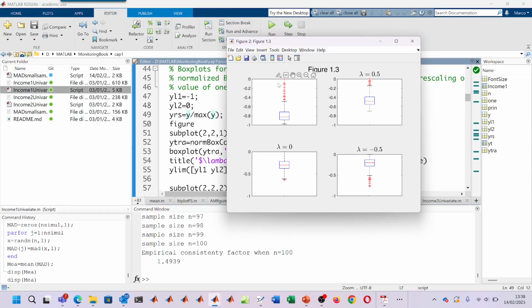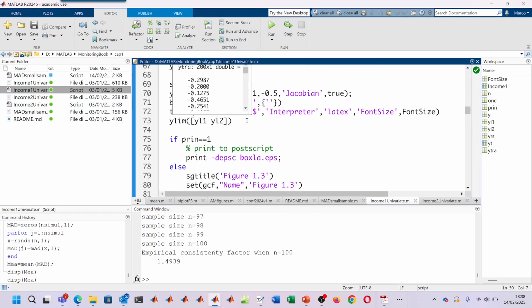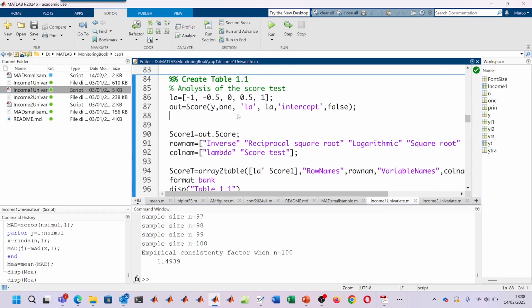Therefore, from this plot, lambda equal to 0 seems to be the best value of the transformation parameter. Which is in a way very comforting, as this is the standard value for dealing with income distributions that is used by economists. Another test which is usually used to understand what is the best value of lambda is the so-called score test.